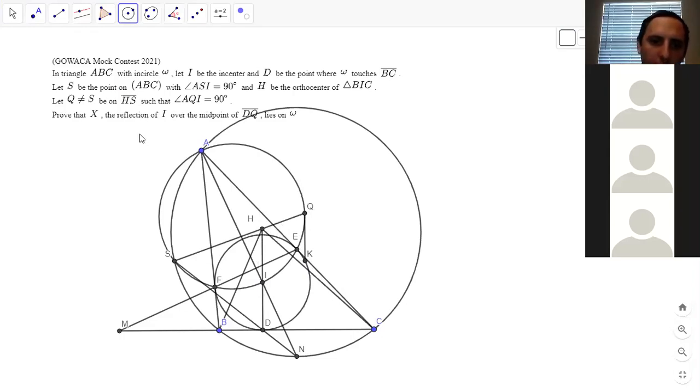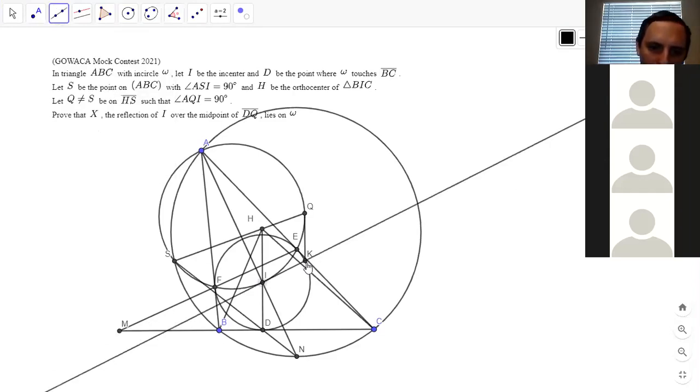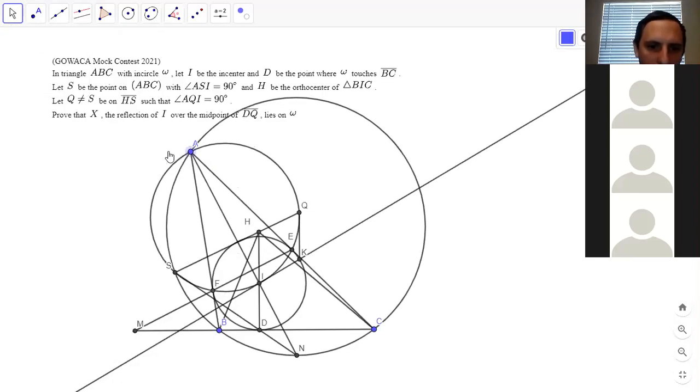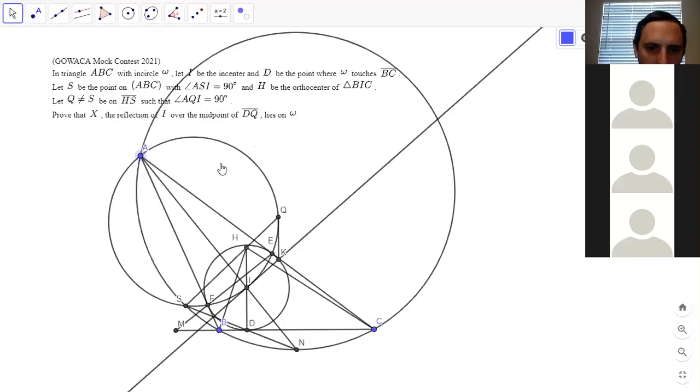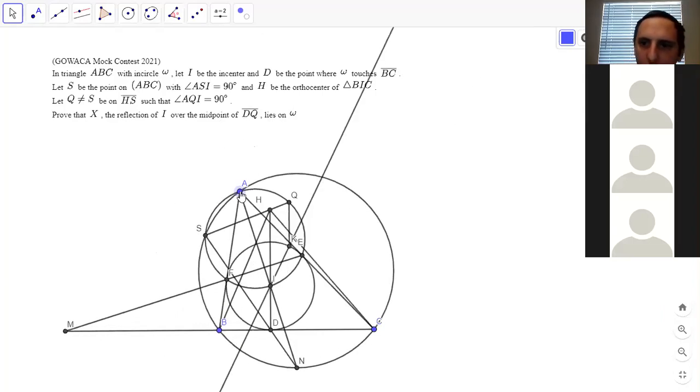Is IK perpendicular to AI? Looks like it. So yeah, maybe that's how we should define point K. Is that always true, that it's perpendicular? No, because that's not perpendicular.